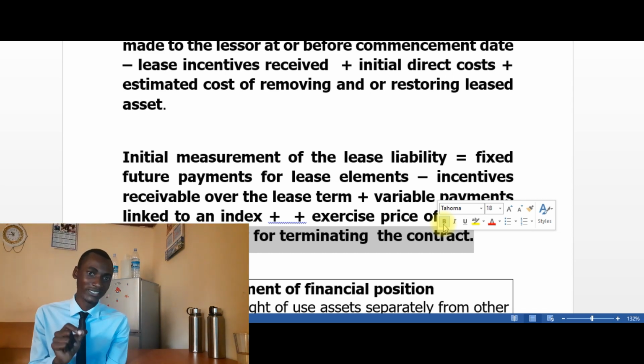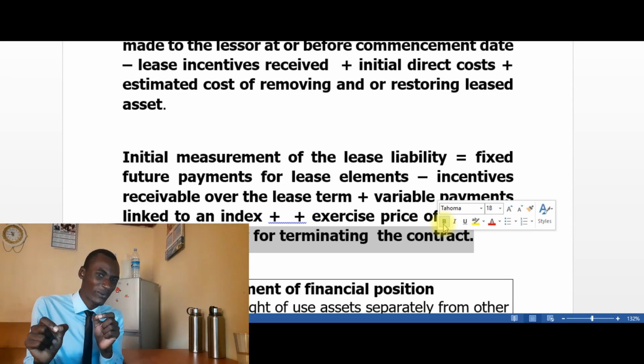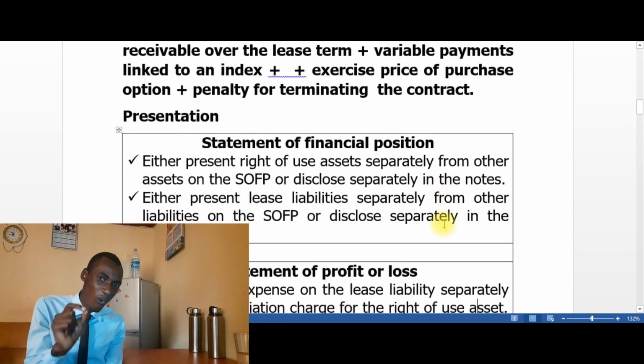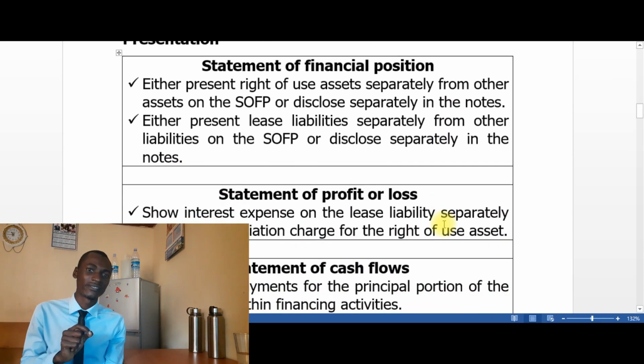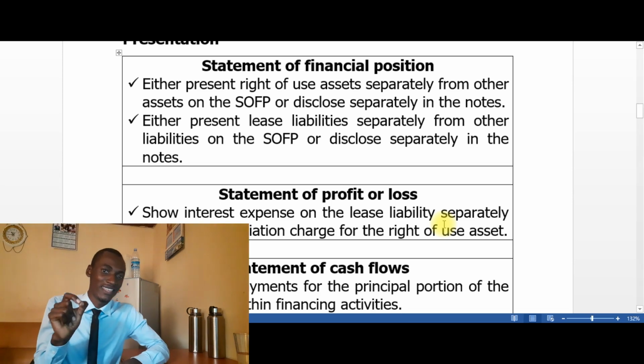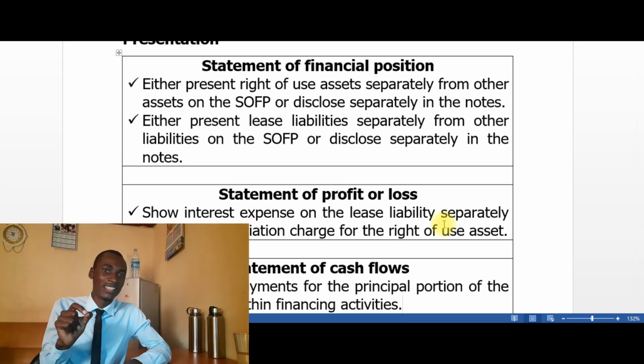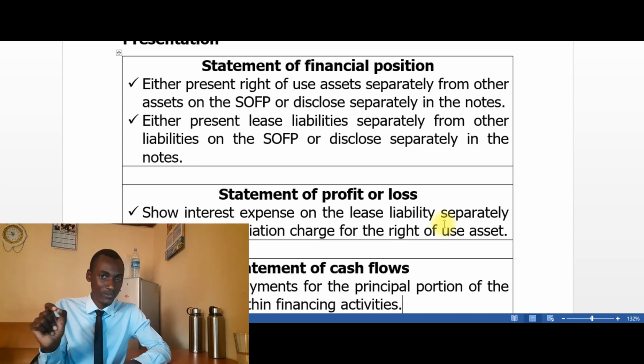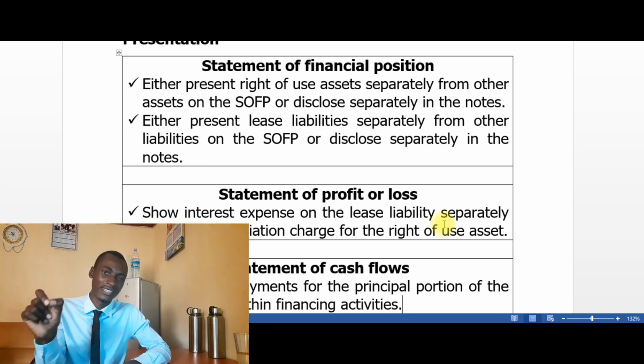But in that question, the examiner tried to include some initial direct costs which were paid by the lessee. So meaning that they wanted to test if you know how to really measure the right of use asset as well as the lease liability.